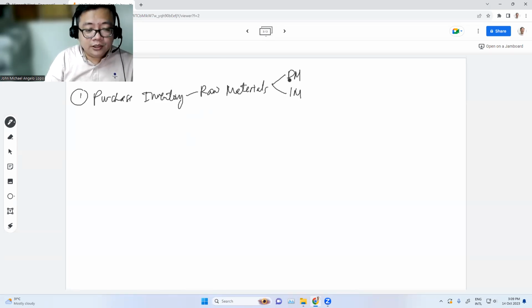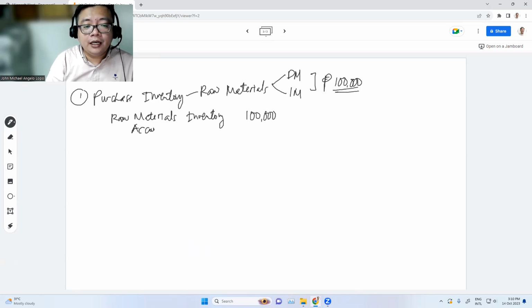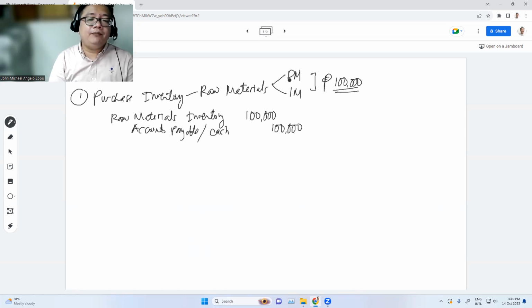You debit here raw materials inventory, let's say worth 100,000. And you credit here our accounts payable, or pwede naman cash. So, depende yan. You have 100,000.